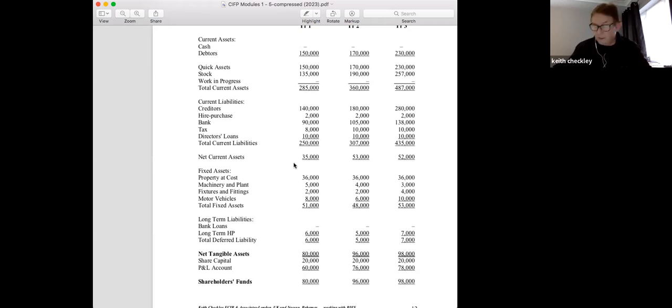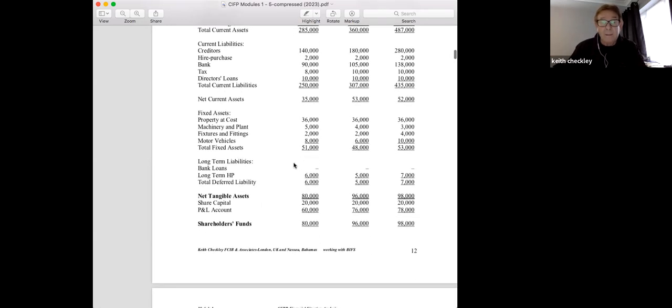We've got current assets of 285,000, and then fixed assets further down of 51,000. If we add those together, we get $336,000 of total assets involved in the clothing imports business.